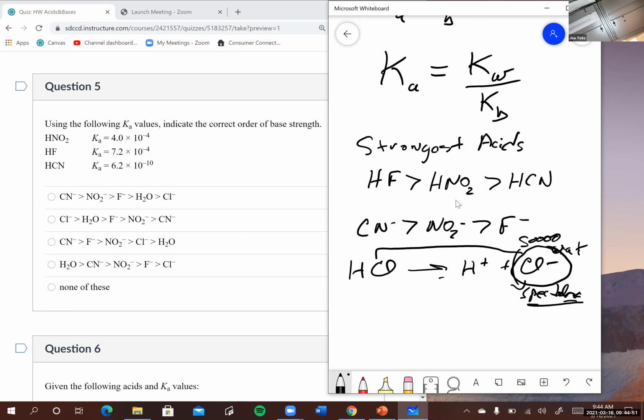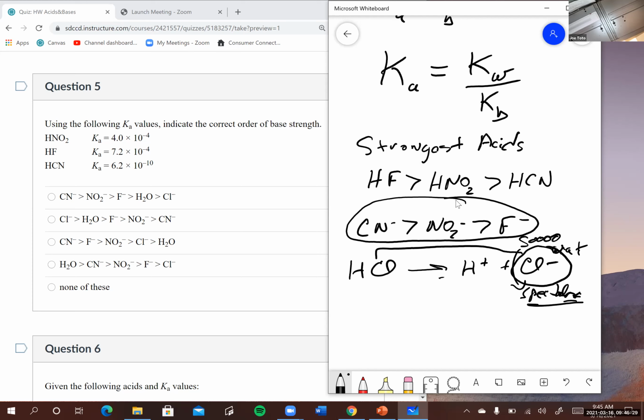And then we got water in there. So water's amphoteric. It could act as either an acid or a base. So where do you think water is going to go in this list? At the start. You think it's a stronger base than CN minus? For example, if I have water, you know the pH is 7.